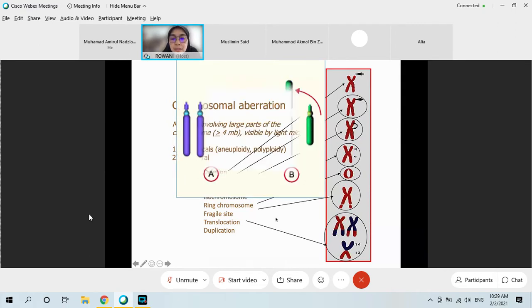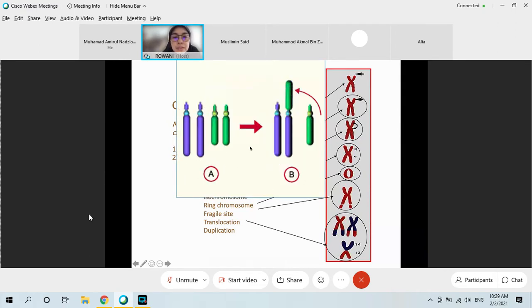Okay, and then there is Robertsonian translocation, and this normally happens between two acrocentric chromosomes. Earlier we already talked about acrocentric chromosomes, so two acrocentric chromosomes. In this case, the Q arm of the green chromosome becomes attached to the Q arm of the purple chromosome, whereas the P arms of the purple chromosome and the green chromosome disappear because they are too small.